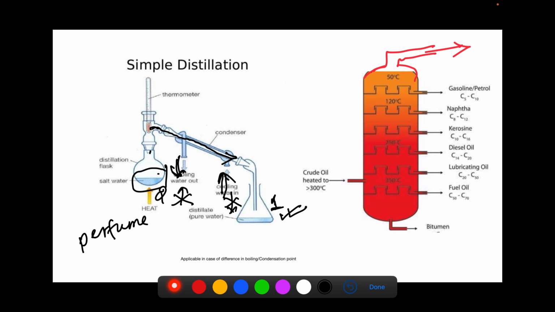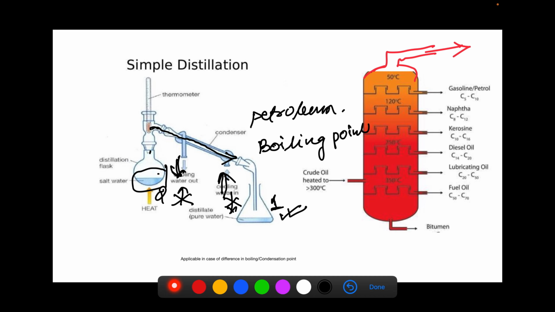And when we have certain mixtures like petroleum, which is a mixture of several substances like petrol, diesel, several kinds of gases, methane, ethane, naphtha, kerosene, and so on, the boiling points of these substances are very close.